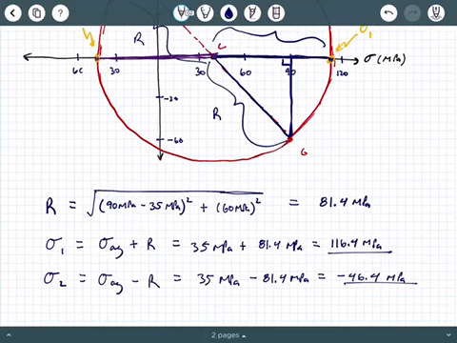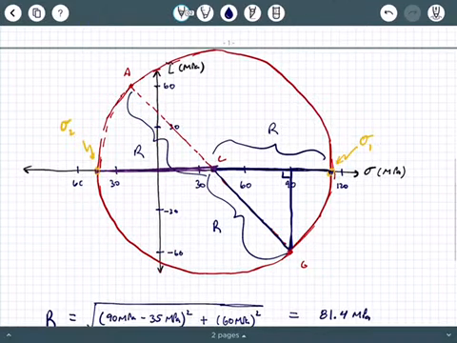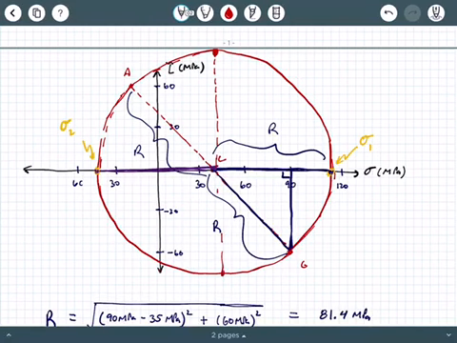So sigma average minus the radius: 35 megapascals minus 81.4 megapascals, and I get negative 46.4 megapascals as sigma 2. So those are two of our answers right there.